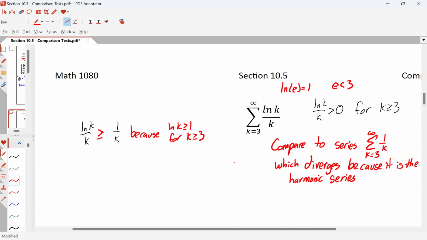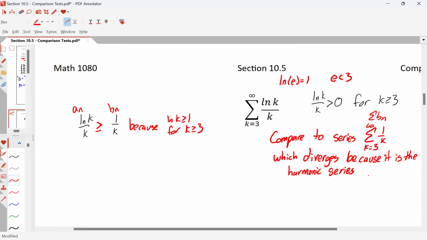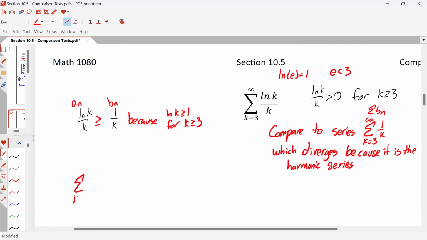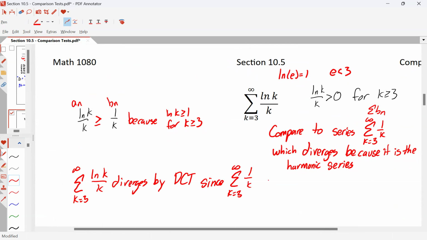So we have an, we have bn, and we have that the series of bn diverges. That means the series k equals 3 to infinity of the natural log of k over k diverges by the direct comparison test, since the series k equals 3 to infinity 1 over k diverges.